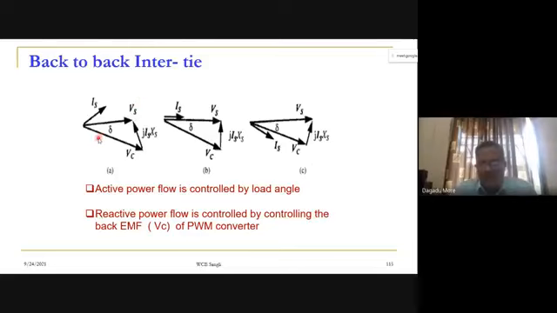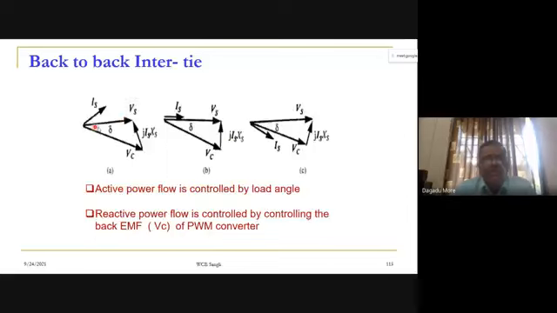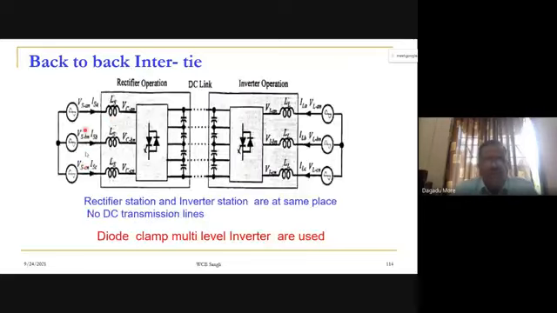Power is flowing from VS to VC. Here VC plus the I X_S drop will be equal to VS, and lagging to that by 90 degrees is our Is. So now the supply current is leading. This converter takes a leading current from the supply.